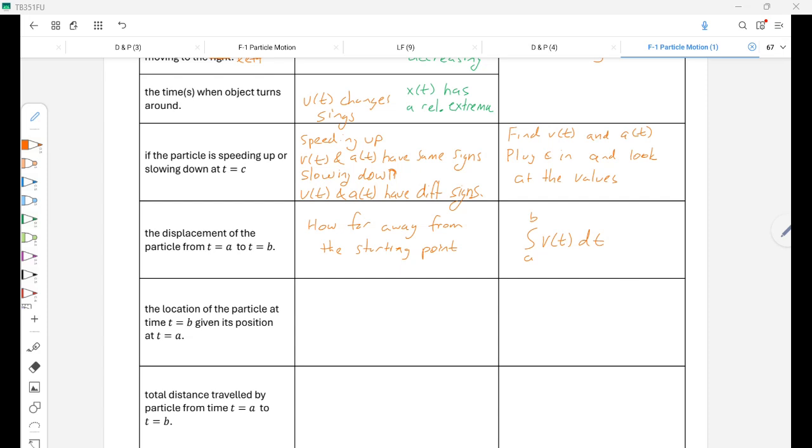Directly related to that, but the actual location of the particle, I feel like this needs no translation. When you take x of a or s of a, whatever your position function is labeled as, if displacement tells you how far you moved, just take where you were and add or subtract that, whatever the sign is, and that'll tell you where you are now.